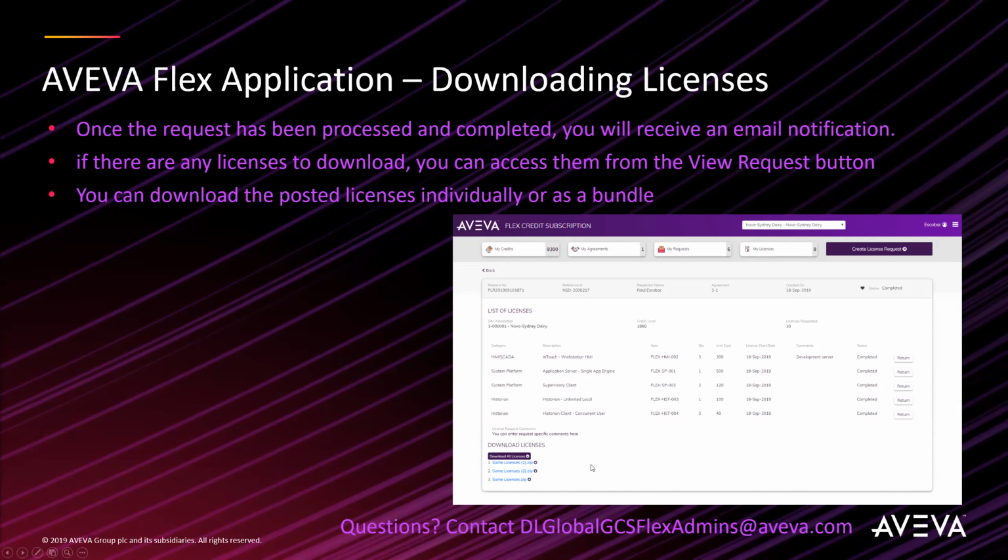So for instance, if they were fulfilled individually or by separate licensing, let's say you had SciTech and Wonderware product lines, they might be fulfilled differently. So you might see 2 or 3 different license files there. But you can click download all licenses, and it'll package that whole setup and download them once for you. We keep these licenses there for the life of the contract, so that if for some reason you need to come back, you can come right back to view this request and download those again.